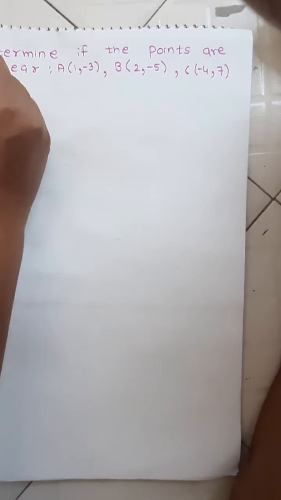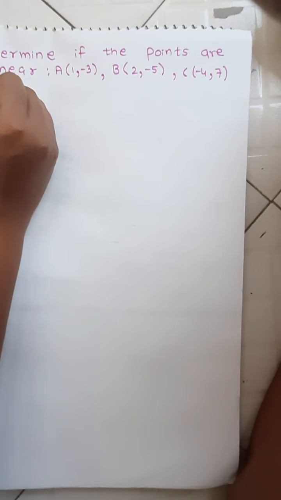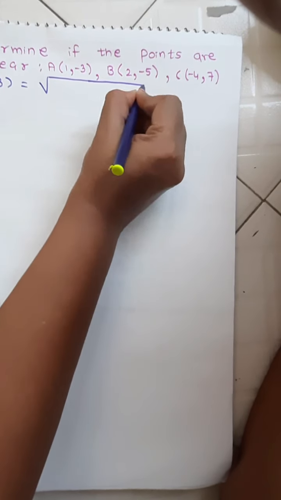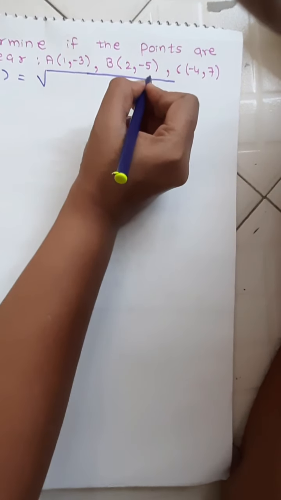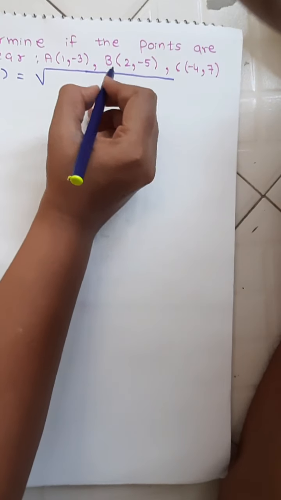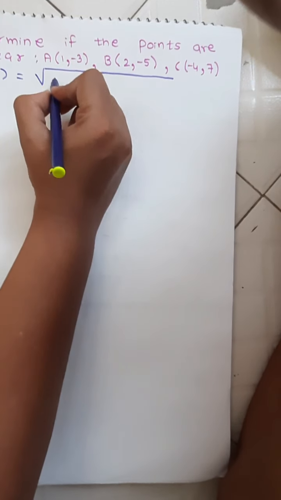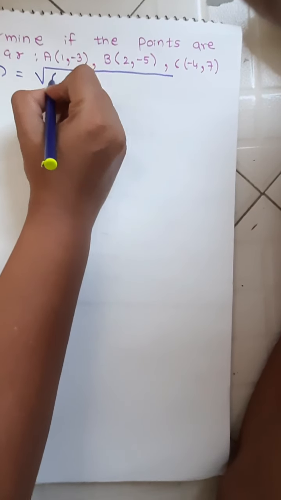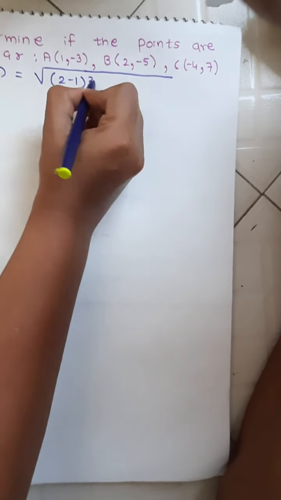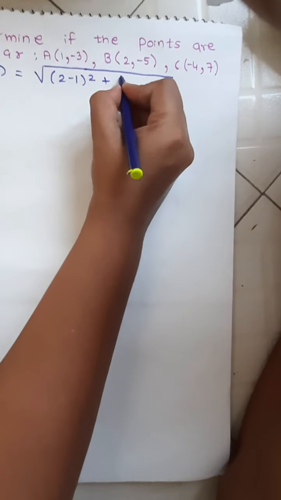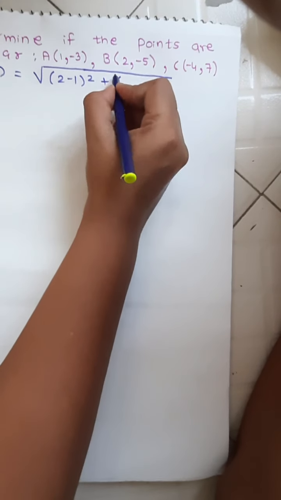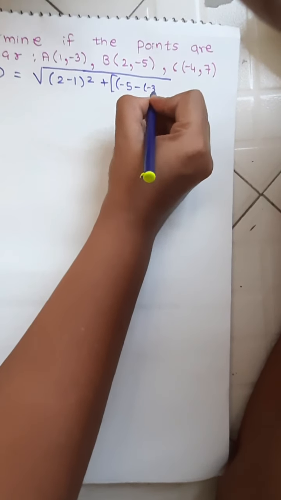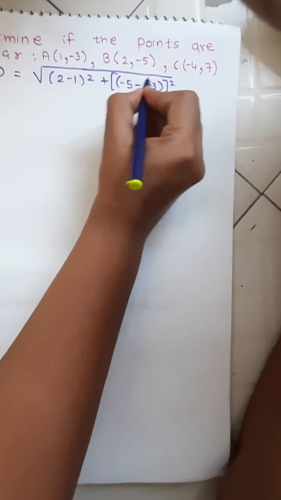Now let us solve. Distance of AB first we'll find out. So distance of AB is equal to x2 minus x1 whole square plus y2 minus y1 whole square. Okay, this is x1, x2, y1, y2. So it is going to be 2 minus 1 whole square plus minus 5 minus 3 whole square.